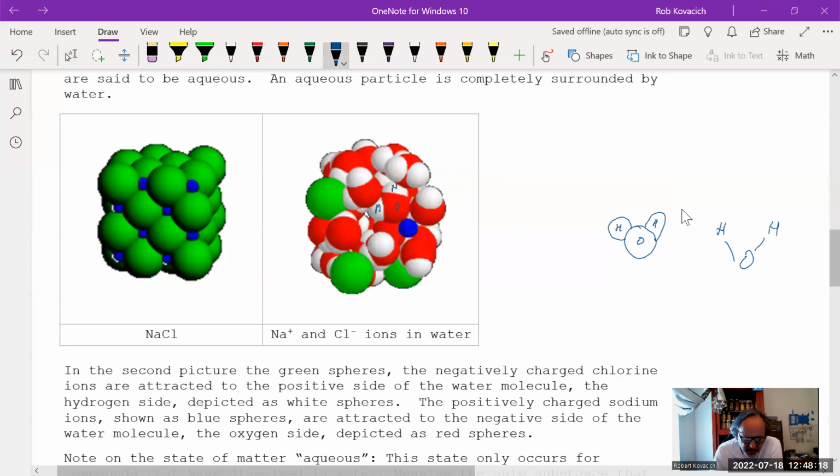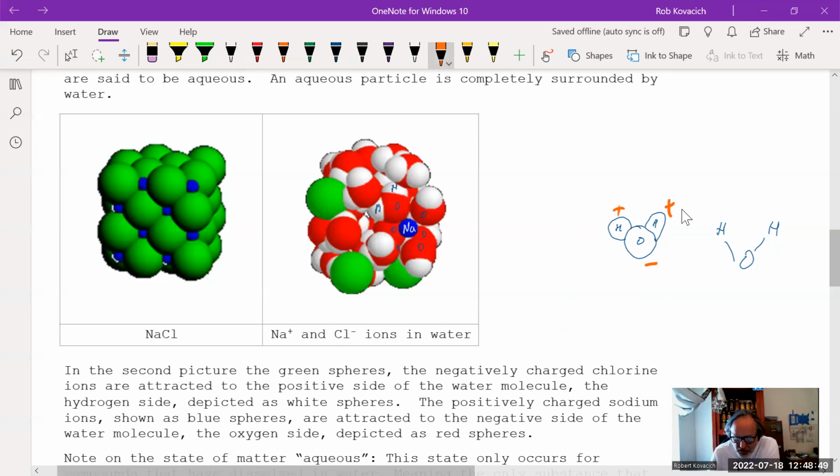And what's happened is this little sodium, let's switch colors here. Let's go with white. This sodium atom right here is, as you can see, surrounded by water molecules. You see that? Oxygen, but specifically the oxygen side of the water molecule. Why? Because in a water molecule, this side of the molecule is negative and the hydrogen side of the molecule is positive.